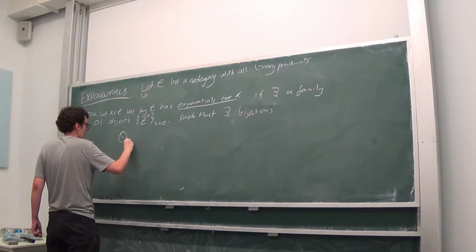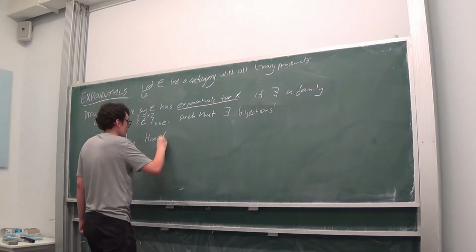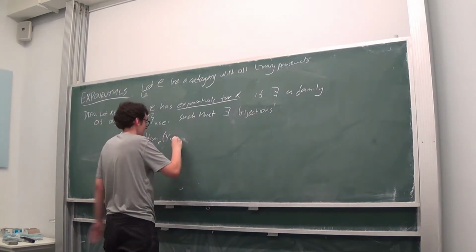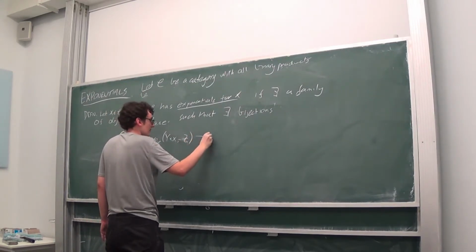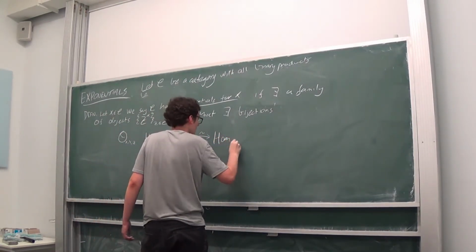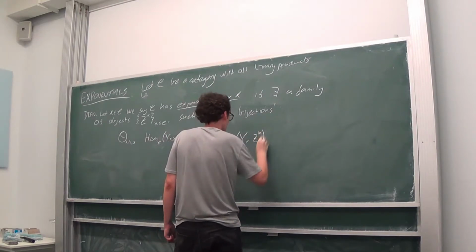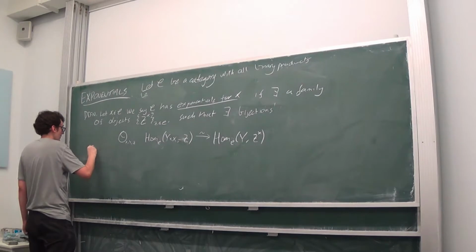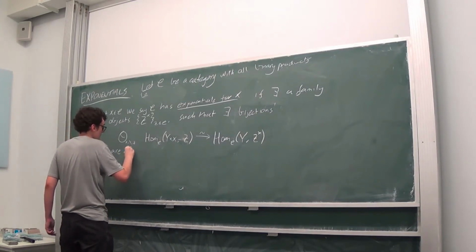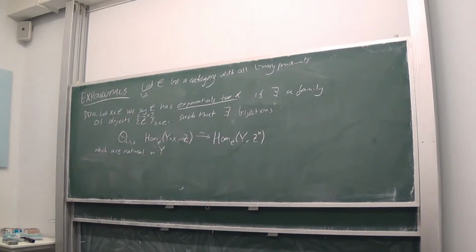So the first is Hom C of morphisms out of the product X times Y into Z. And the second set is morphisms out of just Y going into Z to the X. And finally, we need to assert also that these bijections are natural in Y. Okay.